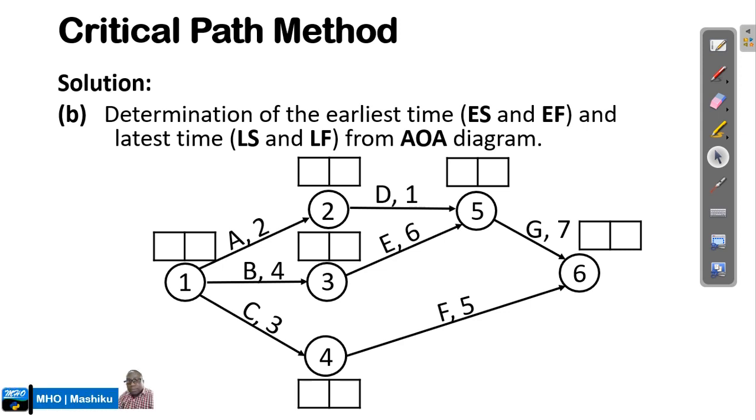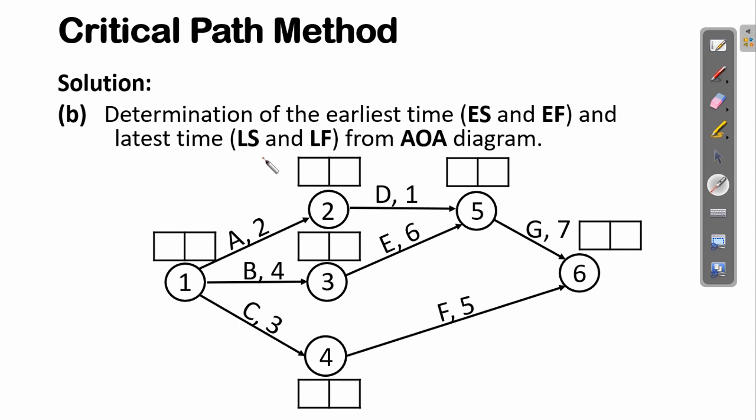Okay, now let's see. We have this activity on node network diagram, and here we have placed some boxes, a table with a single row and two columns. In the left cell we are going to fill in the early time, and in the right side of this box we are going to fill in the late time.